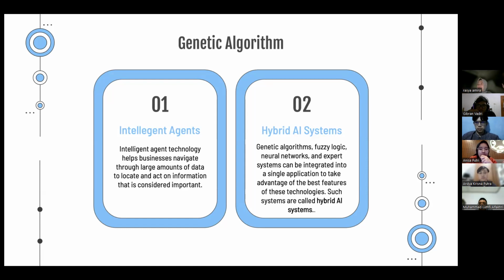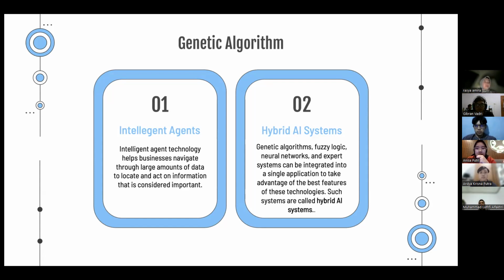Number two, hybrid AI systems. Genetic algorithms, fuzzy logic, neural networks, and expert systems can be integrated into a single application to take advantage of the best features of these technologies. Such systems are called hybrid AI systems. Hybrid applications in business are growing in Japan.